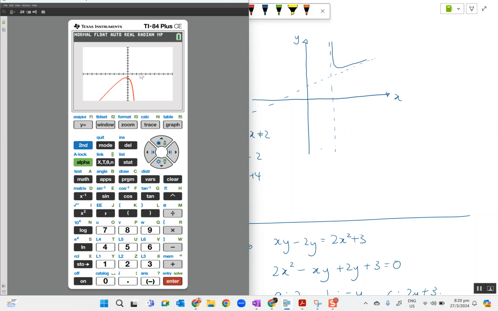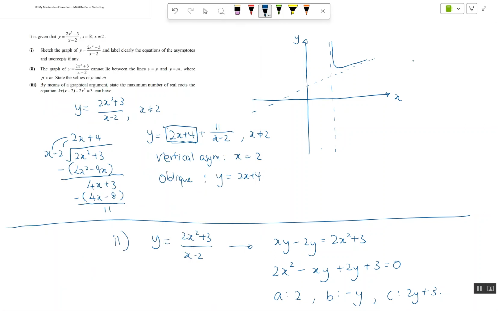It feels like it turns before the intercept. So I'm going to use second function, calculate maximum point. On the left of the maximum point, enter, and the right of the maximum point, enter, enter, and you're going to see that the x coordinate is negative 0.345, the y coordinate is negative 1.38. So I'm just going to write it down over here.